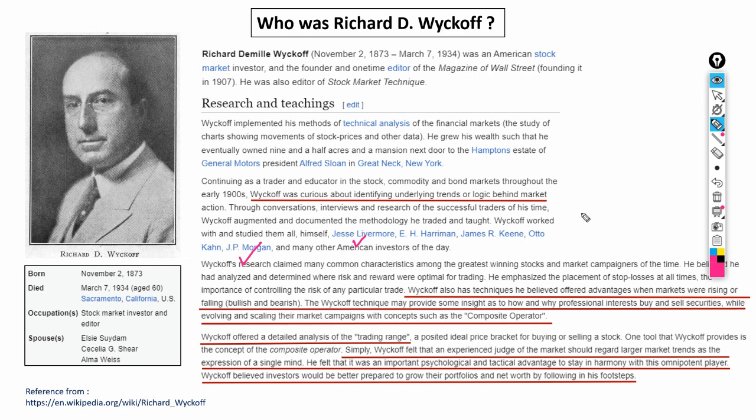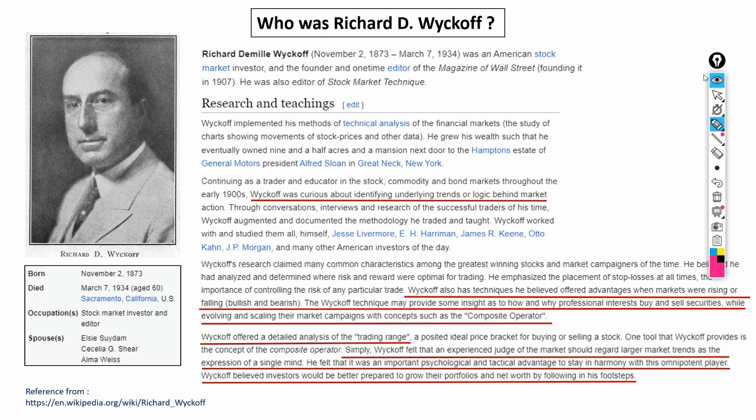He observed them carefully, and he studied himself and developed his own laws, principles, and technique to trade the markets using the observations and studies that he had alongside these big operators.